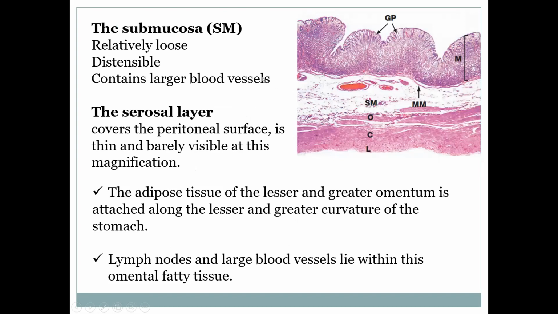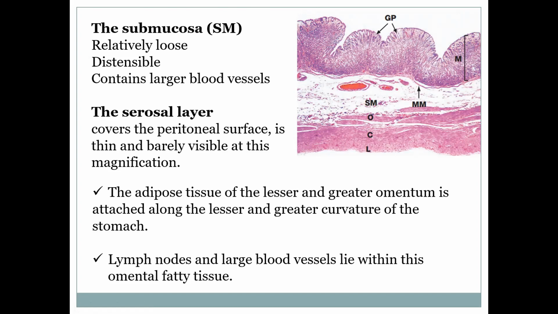The submucosa is, as always, a relatively loose, distendible connective tissue layer, which contains larger blood vessels. The serosa is a thin connective tissue layer which covers the peritoneal surface.